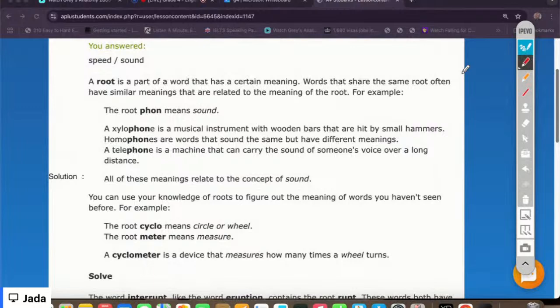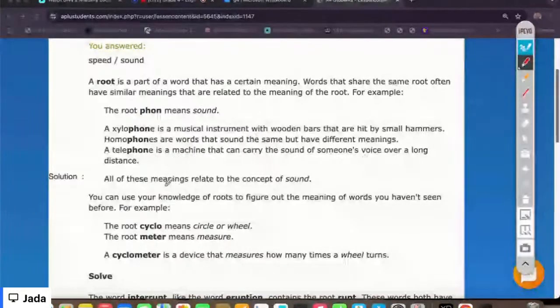So we also have a xylophone, a musical instrument with wooden bars that are hit by small hammers. Then homophones are words that sound the same but have different meanings. And then a telephone is a machine that can carry the sound of someone's voice over a distance.